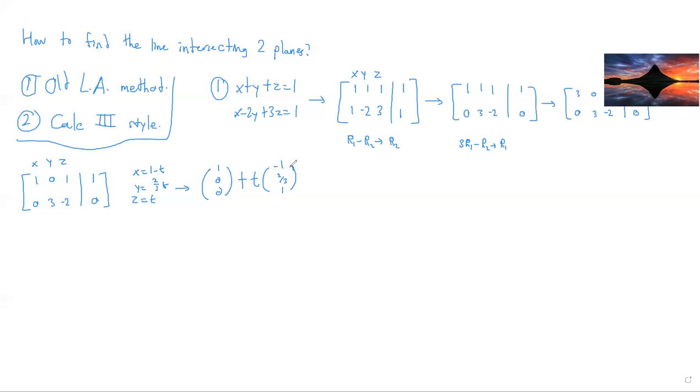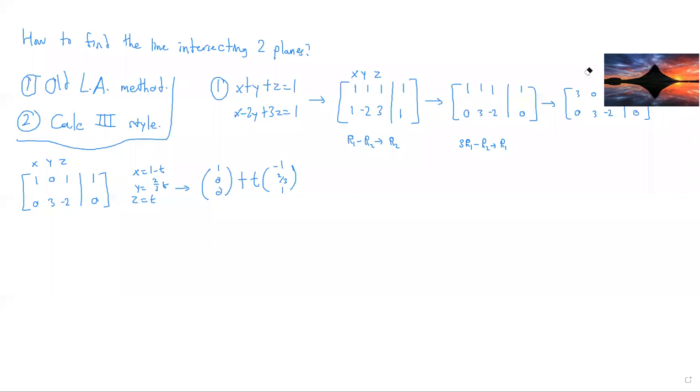Let me see, wait, hang on, why does my answer look so different? I might have made a mistake somewhere. It looks a little strange. 3R1 minus, no, this should have been a 5.